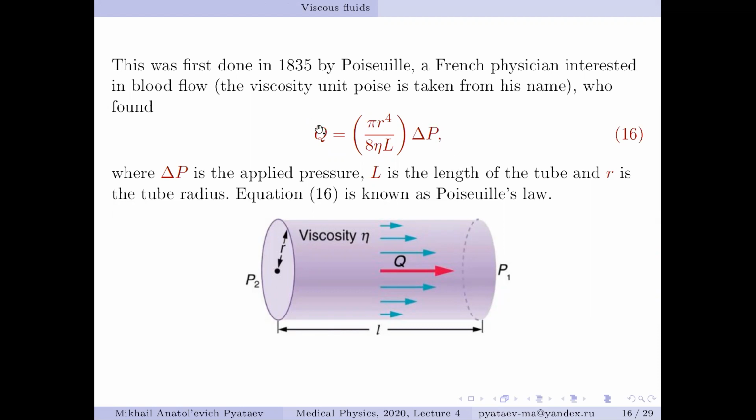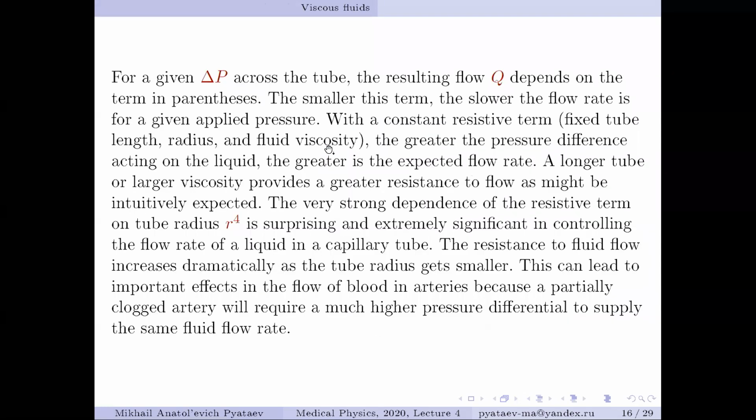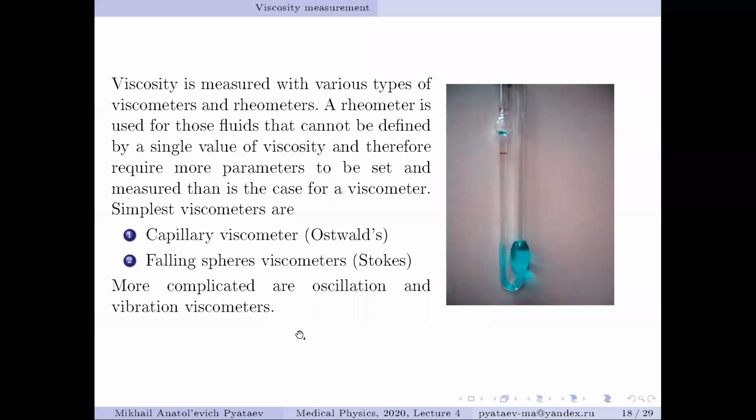So we can say that eta is proportional to time and inversely proportional to delta P. On the other hand, delta P is proportional to the density of the liquid. So we can find eta if we know density and time.